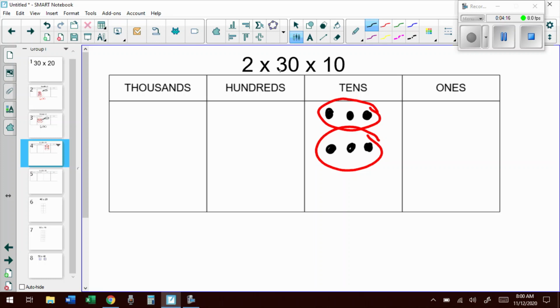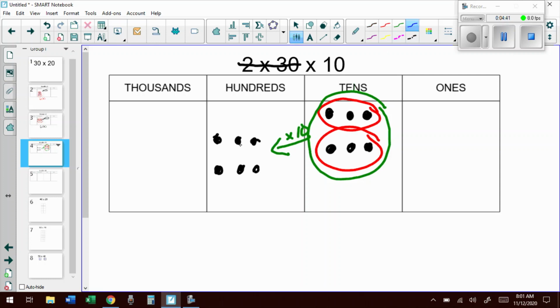So I've taken 30 2 times, and now I want to take the whole kit and caboodle and multiply that times 10. I move over 1, 2, 3, 1, 2, 3, 4, 5, 6, 4, 5, 6. And in the end, I have 100, 200, 300, 400, 500, 600.